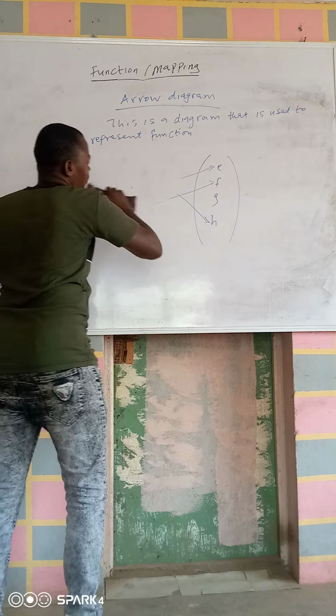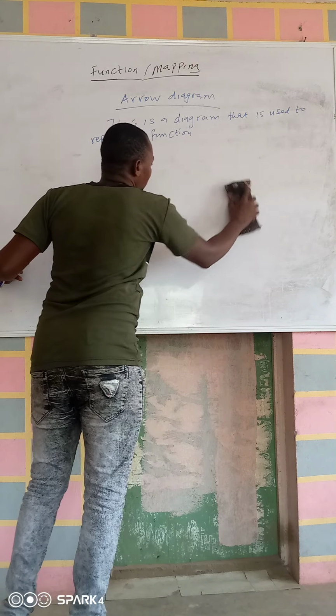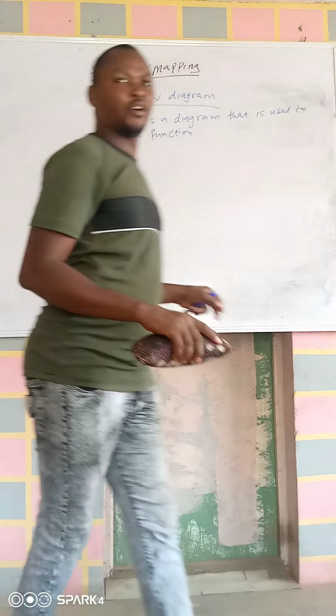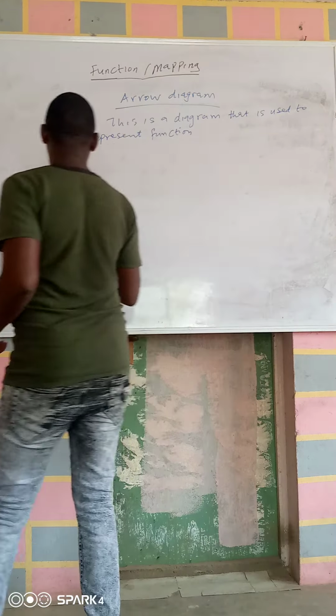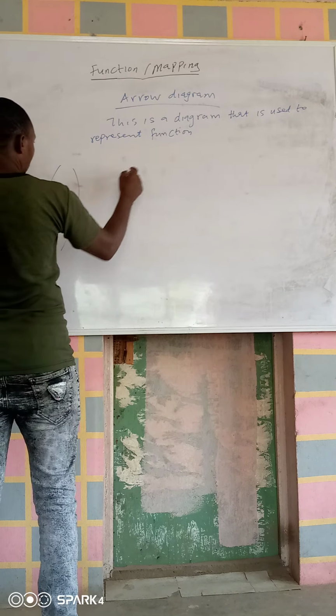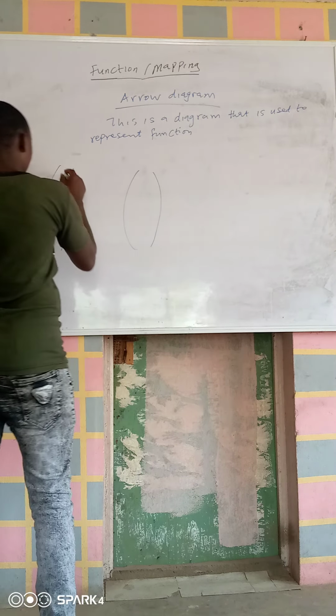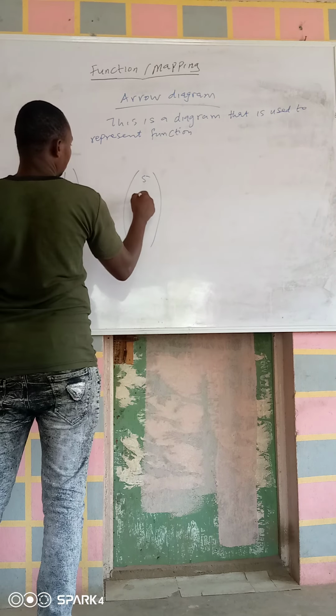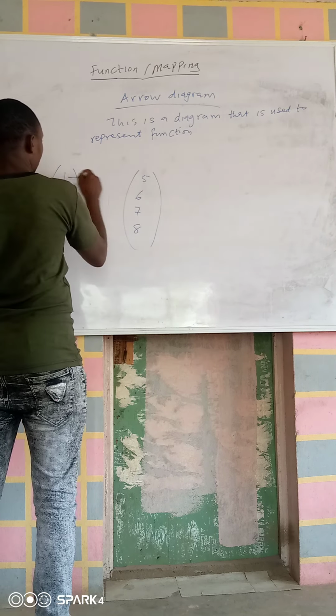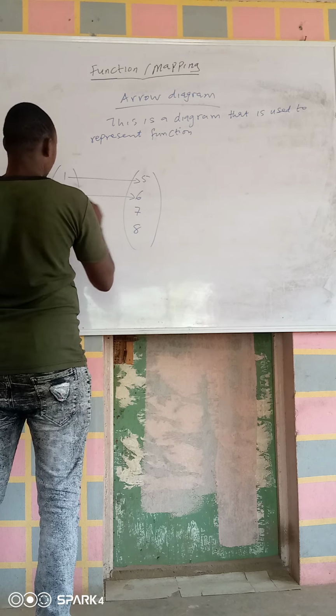You can also use values, so that you will not just use alphabets or variables. Look at this. We have 1, 2, 3, 4 and 5, 6, 7, 8.